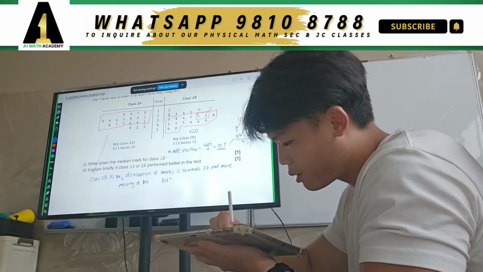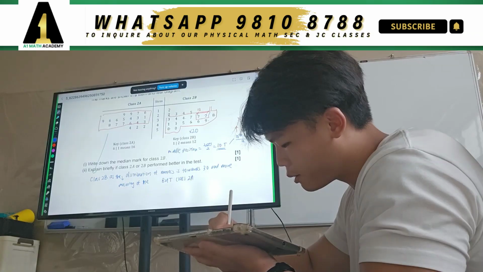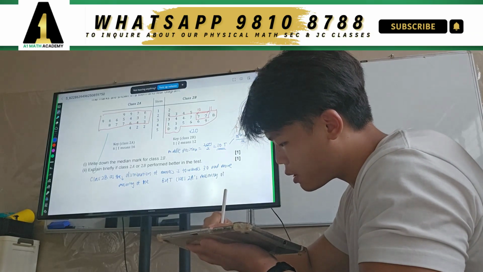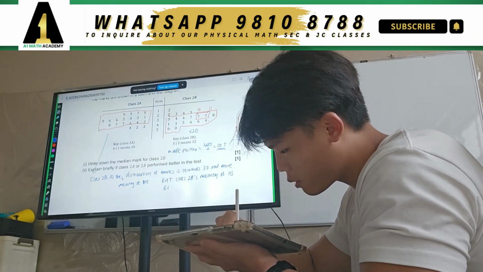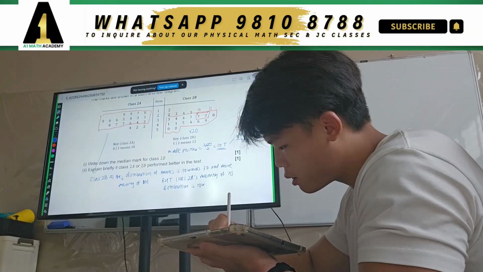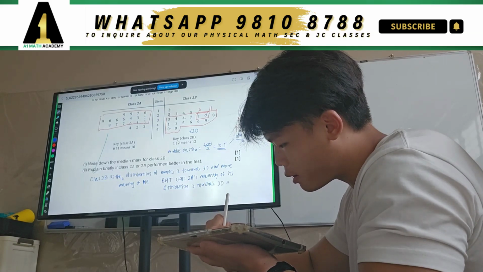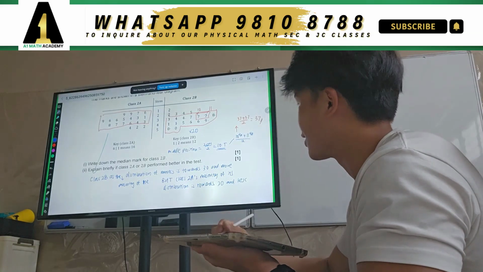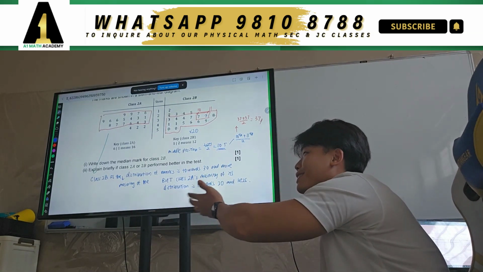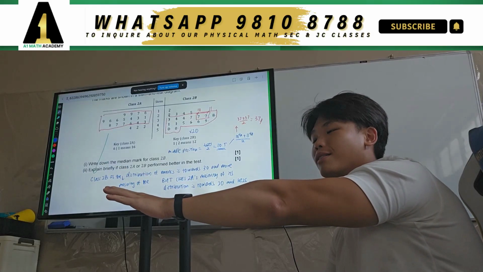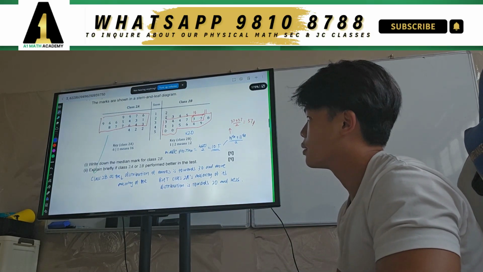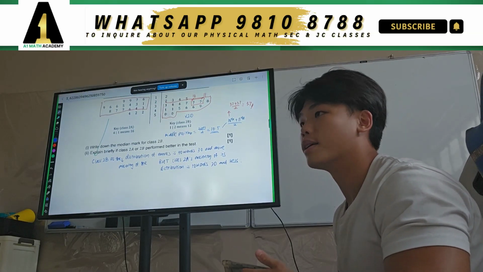But class 2A's majority of its distribution is towards 30 and less. Okay, something like this. Very broken English already, but that's the idea behind it. Yeah, you still get marks. This one makes sense, right? Yeah, that's about it.